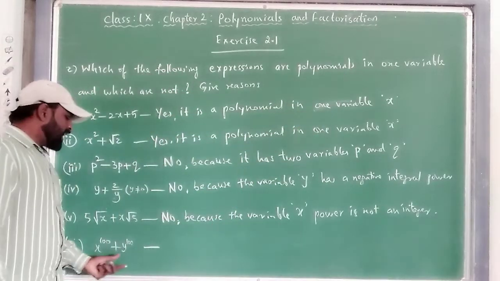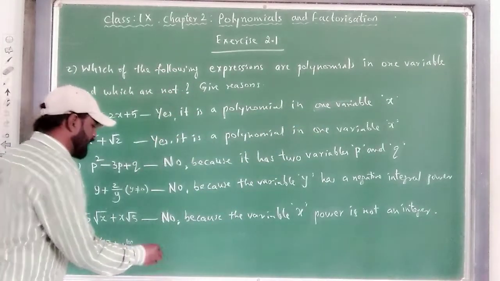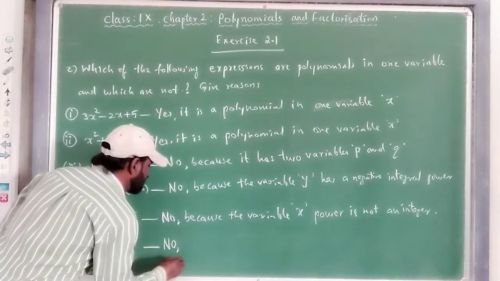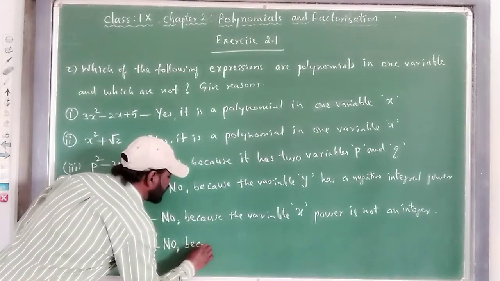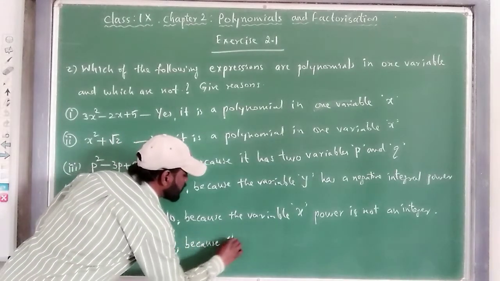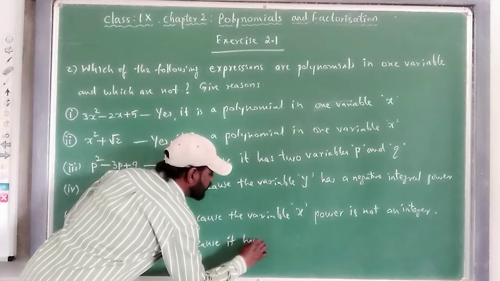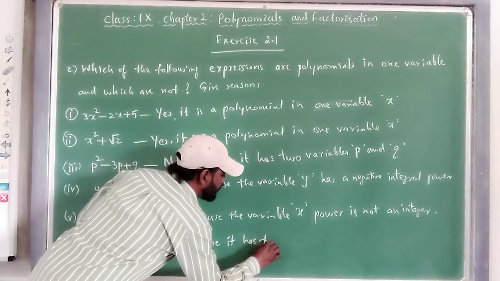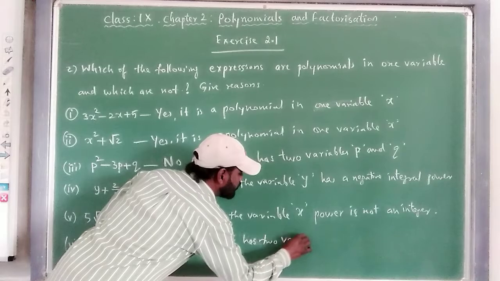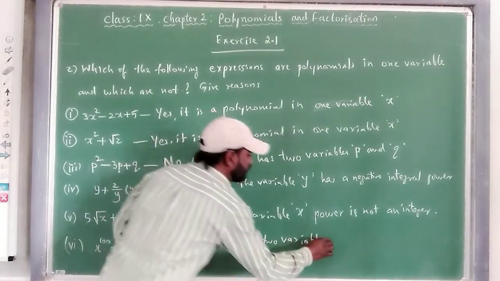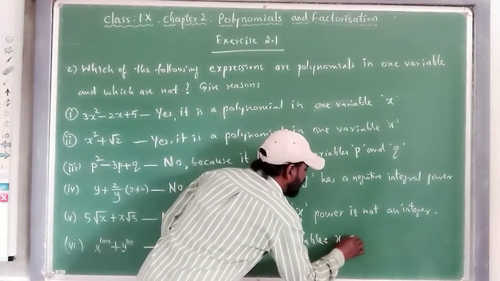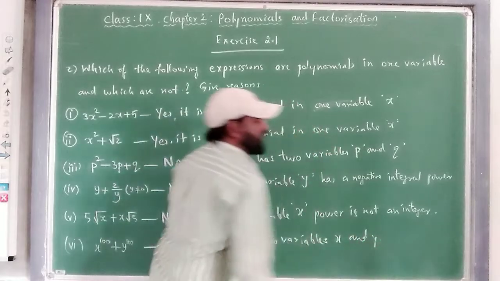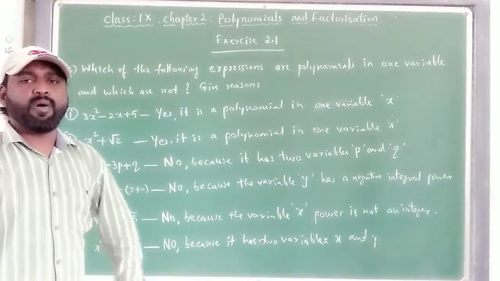Here, x and y, there are two variables. That is why it is not a polynomial in one variable. No, because it has two variables, x and y. That is why this is not a polynomial.